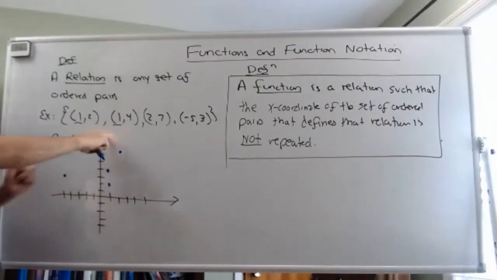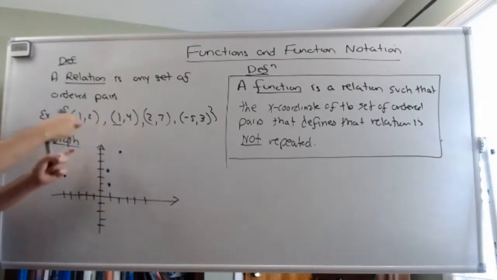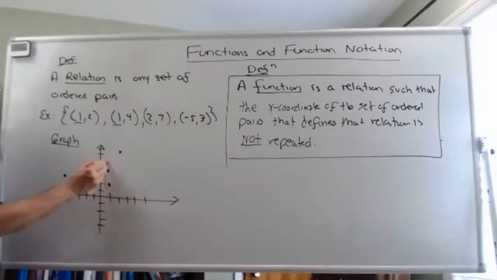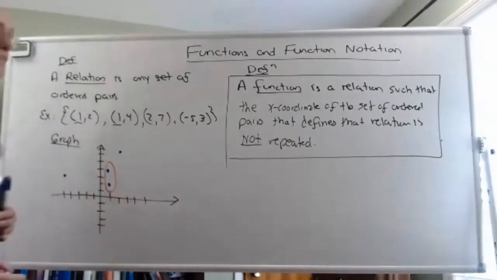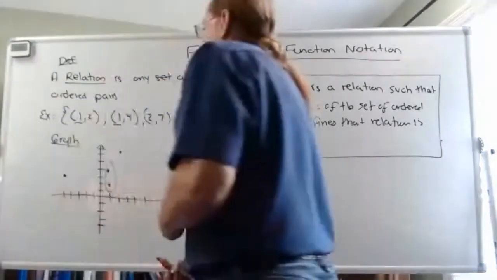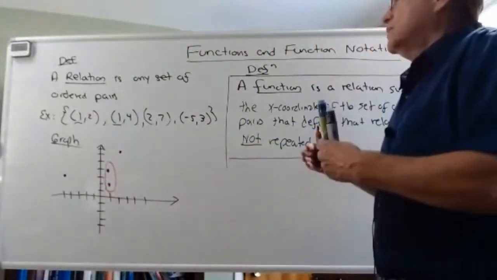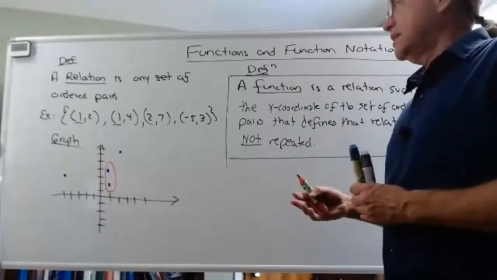Now this is a relation, but we're trying to exclude this problem right here. So we look at those 2 points and we can kind of see the issue right there. The problem we have with this that we would like to eliminate is ambiguity.